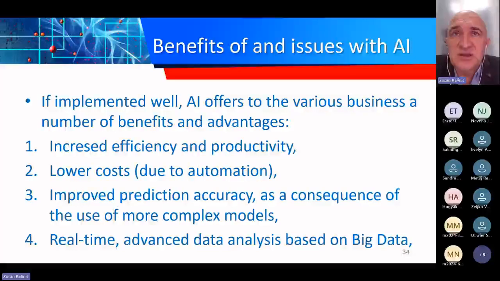So you can make decisions based on the most recent readings from different sensors or from different sources. And you may also include some complex data analysis in your decision making or in your prediction.